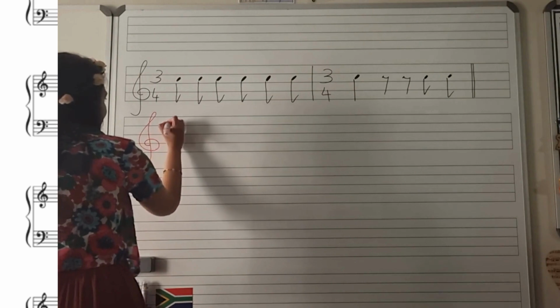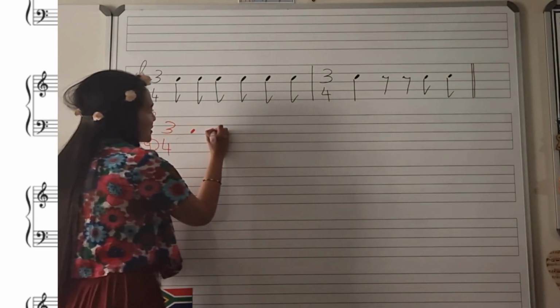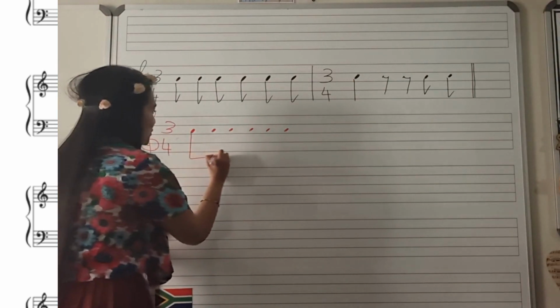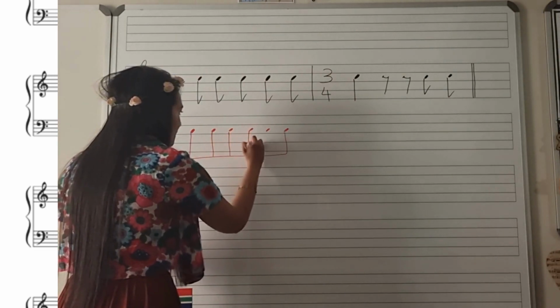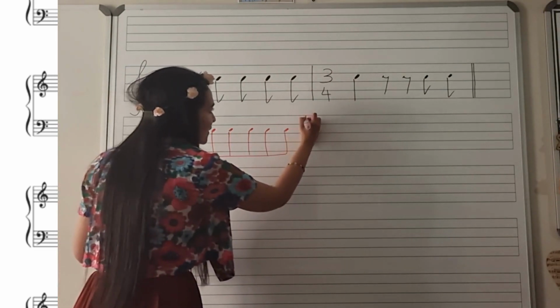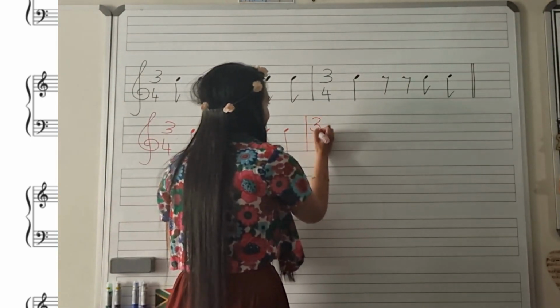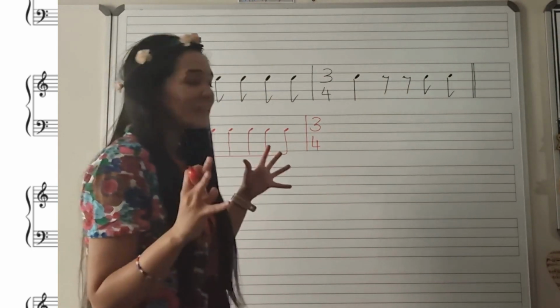So in the space that they will give you, you're just going to have your 6 quavers all beamed together.